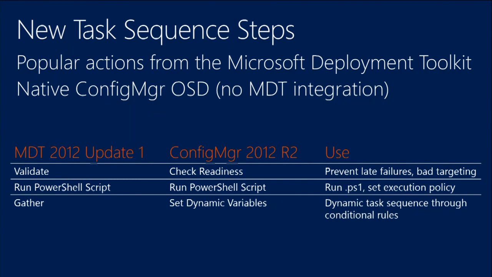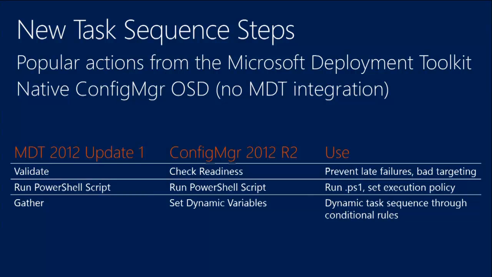So the three that we chose for this release are validate, run PowerShell script, and gather. So you can do much of that same functionality now right inside of Config Manager without having to integrate MDT. Now we made some name changes, and the functionality in some respects isn't an exact match, and I'll talk through that as we get into the demo.